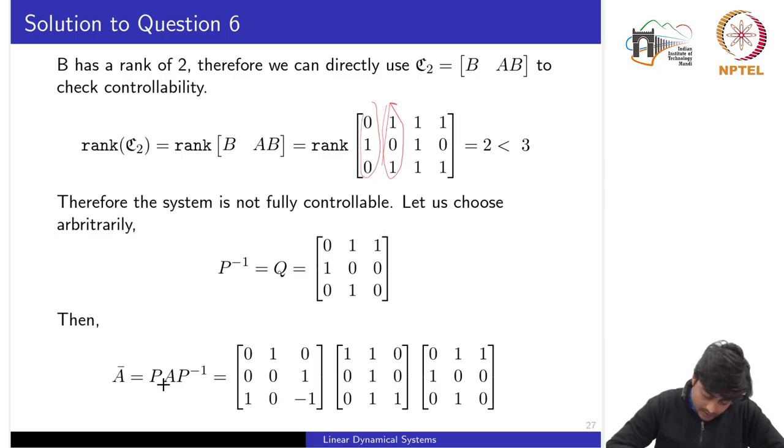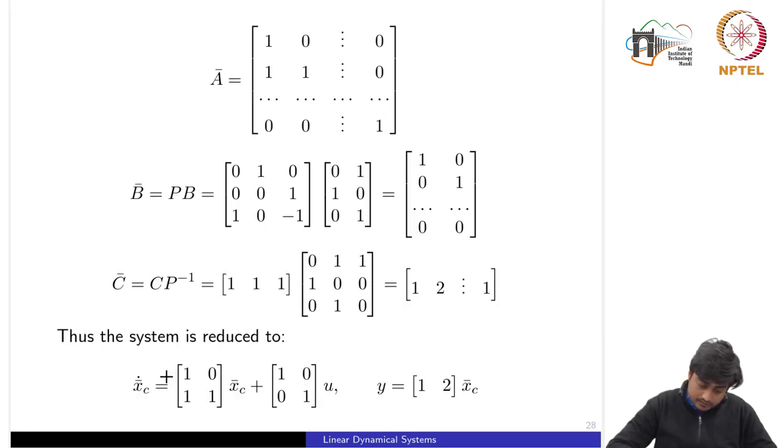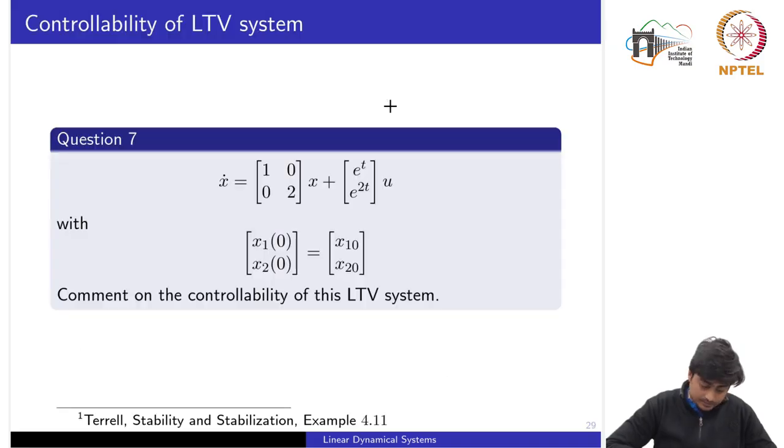So again computing the canonical forms or the transformations by using this P or Q matrix, we could obtain this A bar matrix, B bar matrix, and from here this part becomes the state matrix of the controllable part of the system. Okay, and the rest of the part goes for the uncontrollable system.